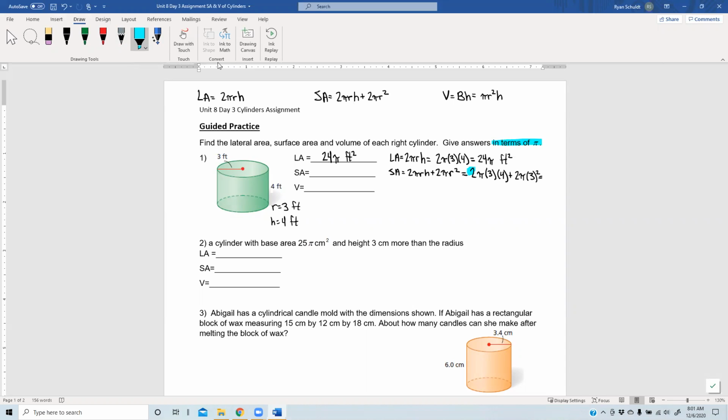So you put your 2 times 3 times 4 plus 2 times 3 squared. If it's highlighted, you put it in the calculator. If it's not, you don't. So it's going to be, I need a pen, not a highlighter, it's going to be 42 pi feet squared.